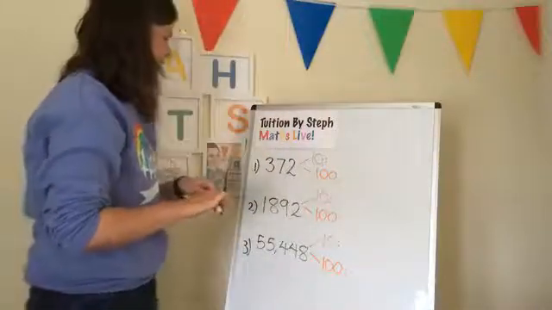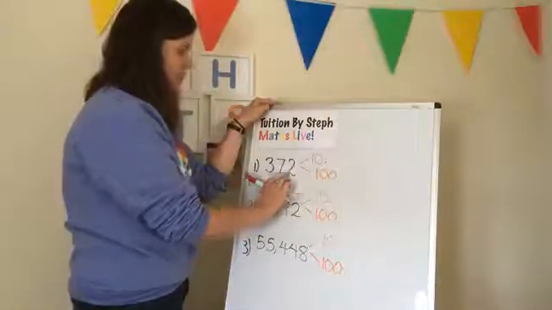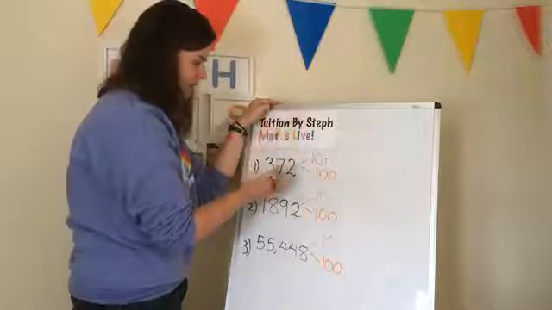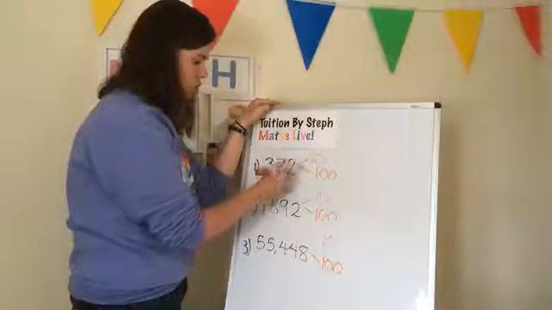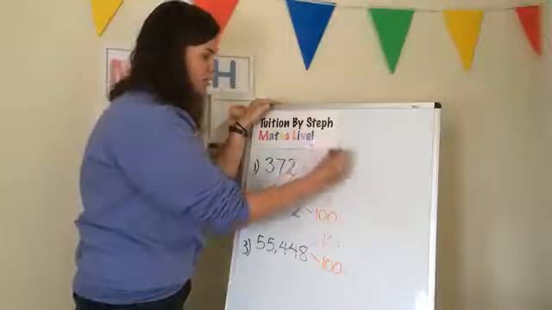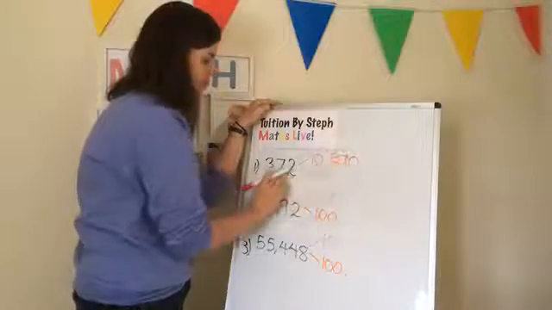Okay, let's have a look. 372. First of all, to the nearest 10. We're focusing on the tens column here, and the 2 tells us what to do. 72 to the nearest 10 is 70. Don't forget the 3.